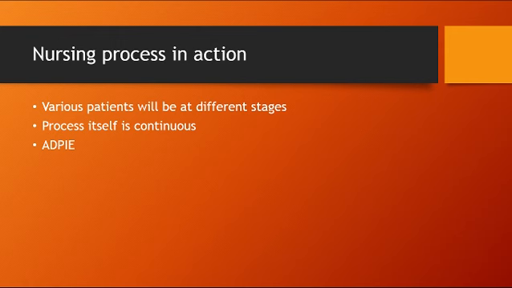I think we need to go back and try this other diagnosis, which leads to a different plan and different implementation. So you're kind of jumping back and forth among various stages, and you're jumping back and forth among various patients as well.